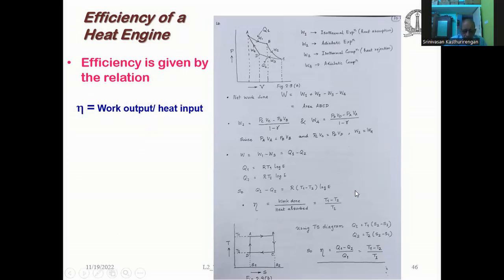We finally come to the relation: efficiency is equal to the net work done divided by the heat absorbed, which is equal to (Q1 minus Q2) divided by Q1, or in other words, (T1 minus T2) divided by T1. That's the formula you get.